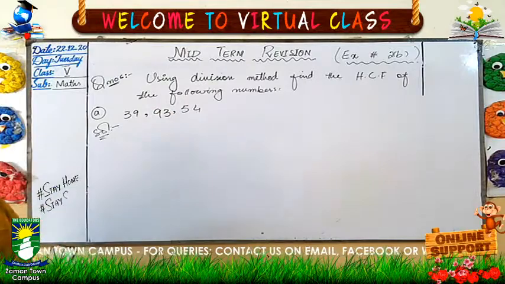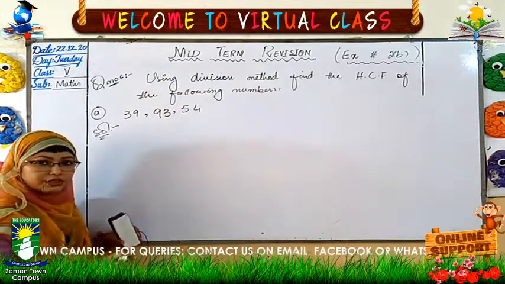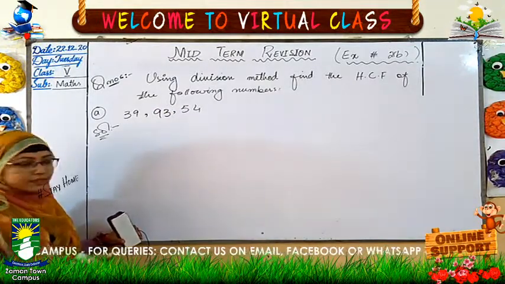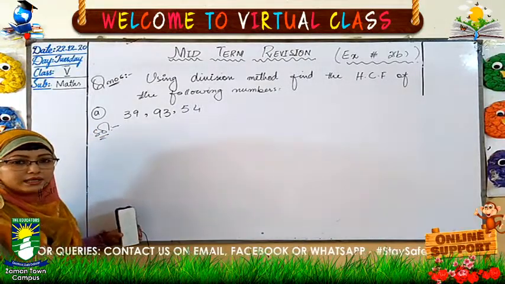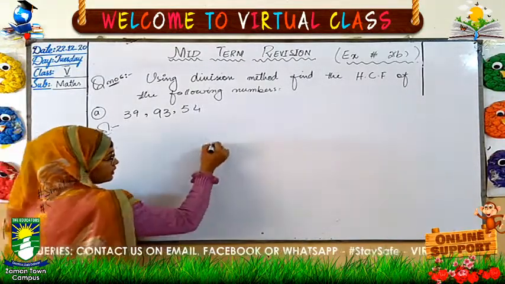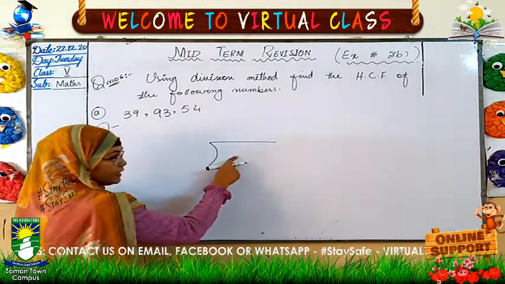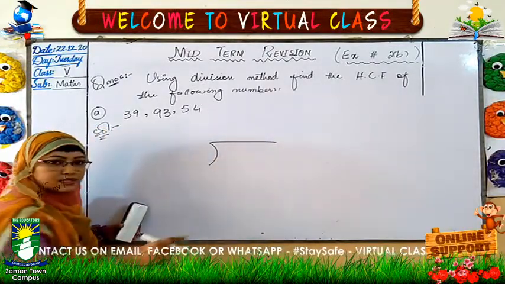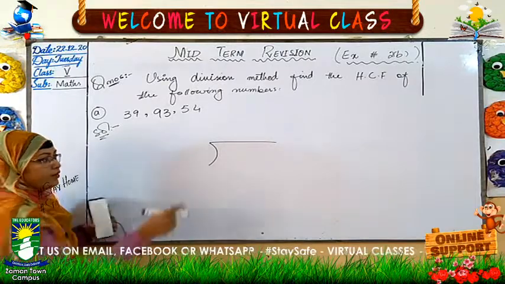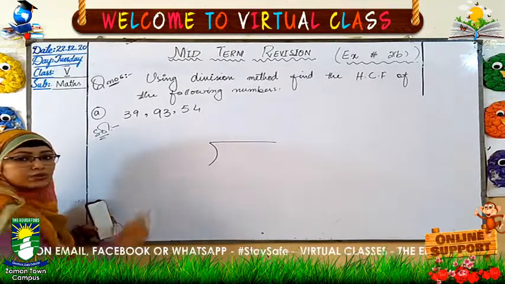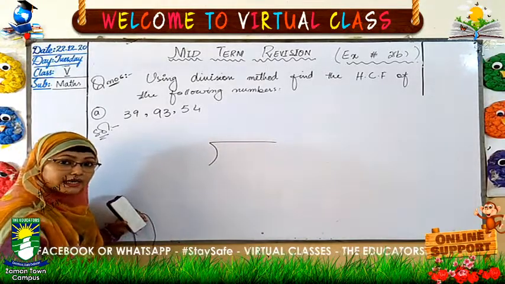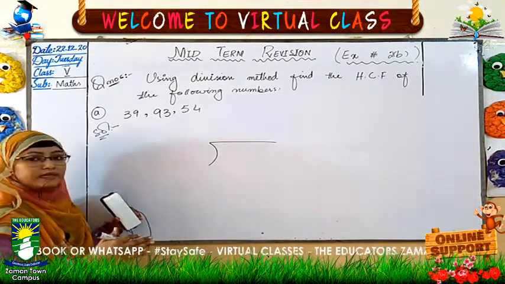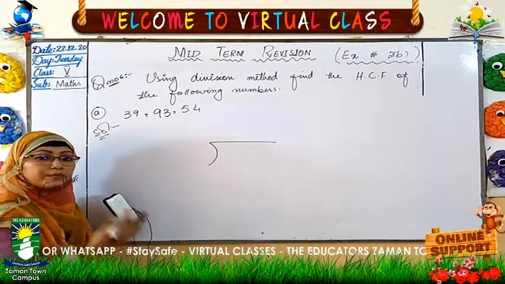What we have to do while using our division method? In our division method, we are having 2 values, the divisor and the dividend. Whatever we are writing inside this sign is known as the dividend, and whatever we are writing out of the sign is known as the divisor. The divisor means the value which is dividing, and dividend means the value which is to be divided.